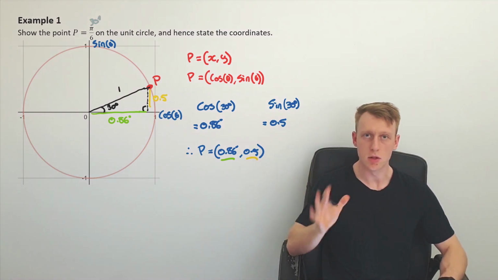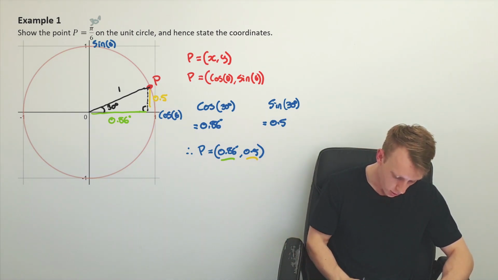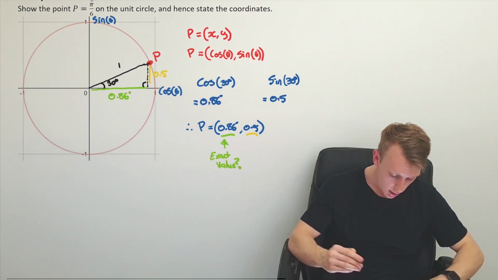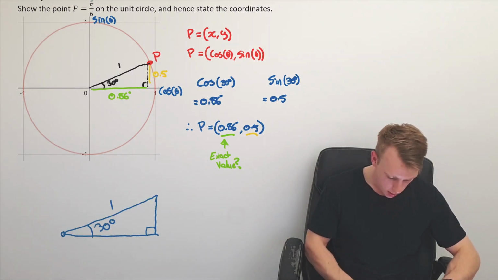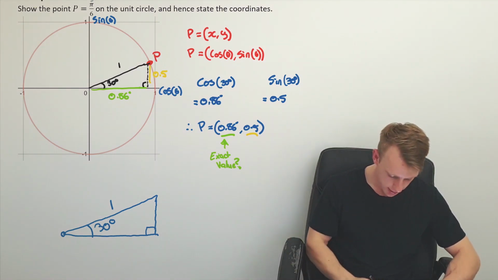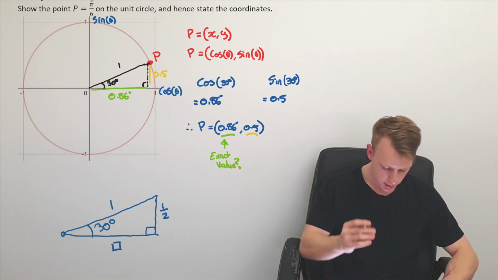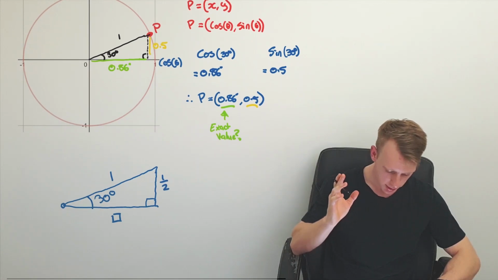Now, this is nice, but what if I wanted to know the exact value of this one here? Well, what I could do is draw out this triangle that I've got here. I know exactly this length here is a half, and I want to know exactly what this is. To determine exactly, I can use Pythagoras' theorem.